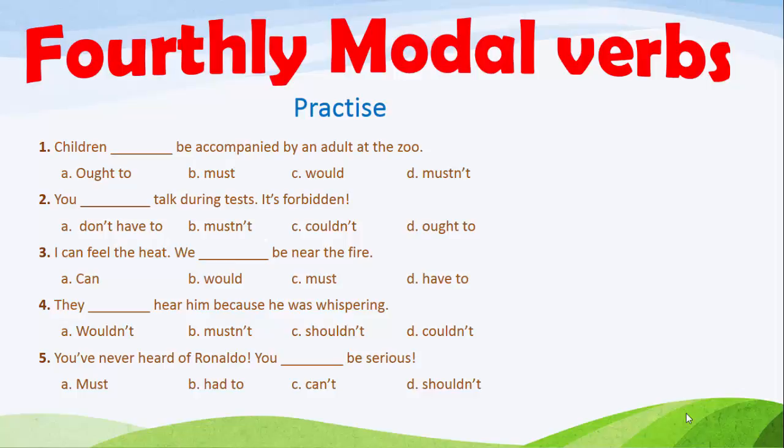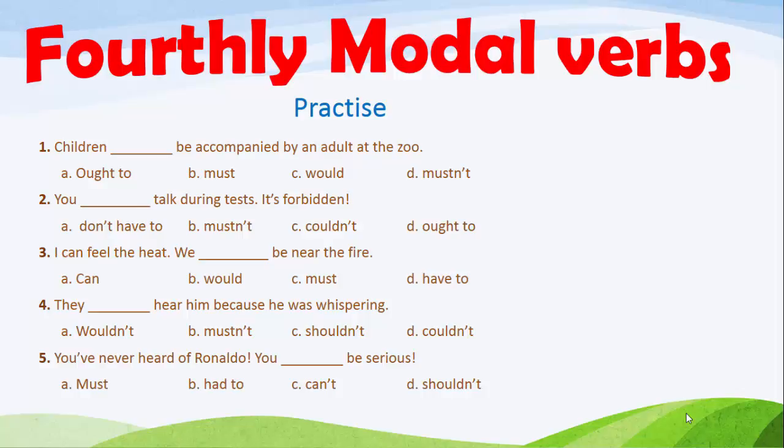Now, let's take practice for the modal verbs. You have to choose the correct answer. Number 1. Children blank be accompanied by an adult at the zoo.